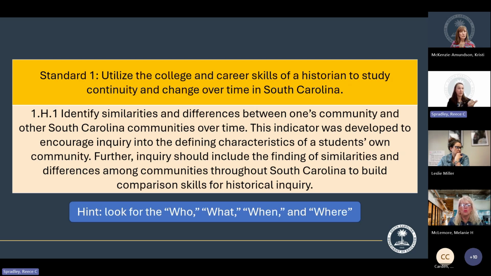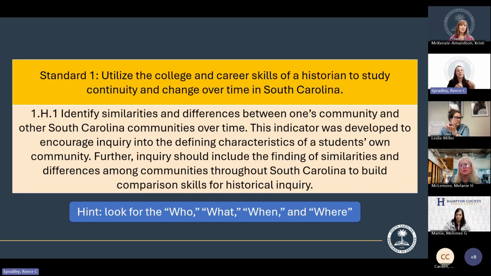And one's community will vary, yes. So if we're talking about a community, we've got similarities and differences. What skill is that, since we just practiced? Yeah, I saw somebody say comparison. So this is the foundations of that skill of comparison that we see coming in as early as first grade.